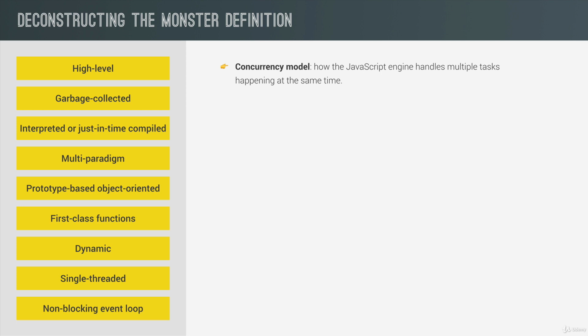Now, okay, that's cool, but why do we need that? Well, because JavaScript itself runs in one single thread, which means that it can only do one thing at a time. And therefore, we need a way of handling multiple things happening at the same time. And by the way, in computing, a thread is like a set of instructions that is executed in the computer's CPU. So basically, the thread is where our code is actually executed in the machine's processor.